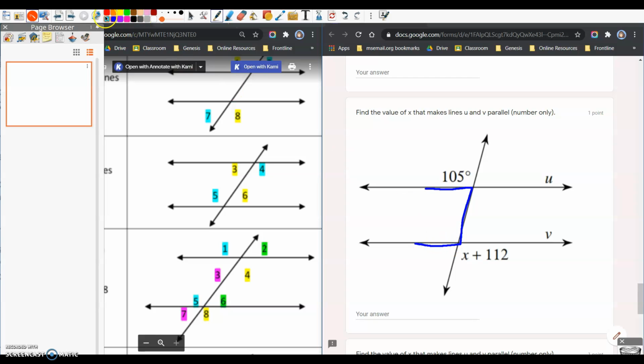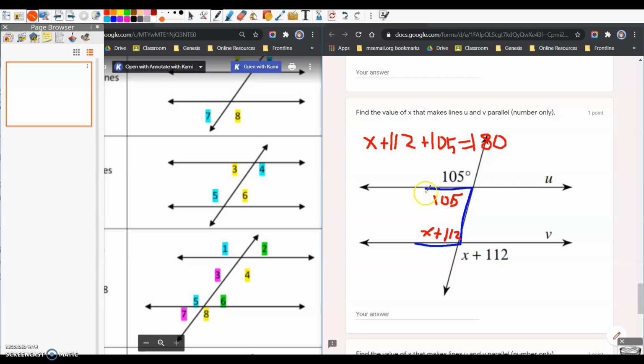So say for example, we had the 105 degrees in here and the x plus 112 over here. This is the instance where you would add them to be 180. So in this instance, you would have x plus 112 plus 105 is equal to 180, and you would solve for x this way.